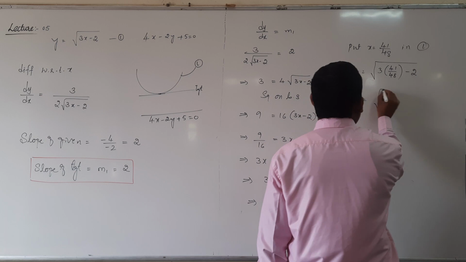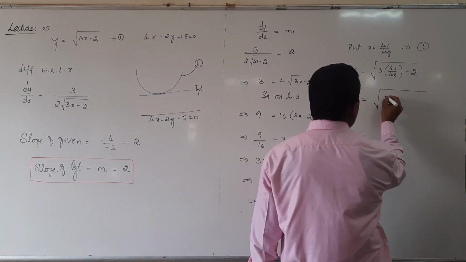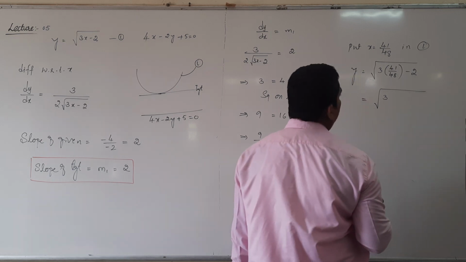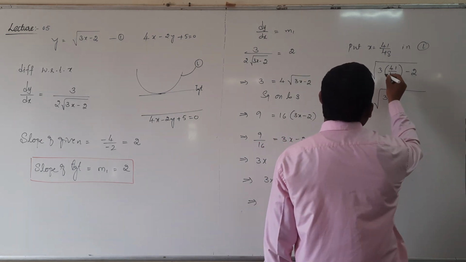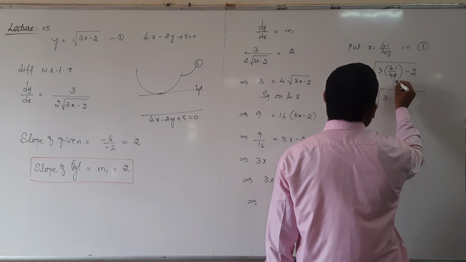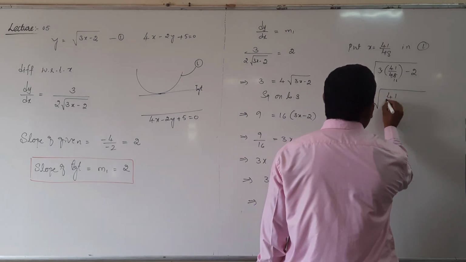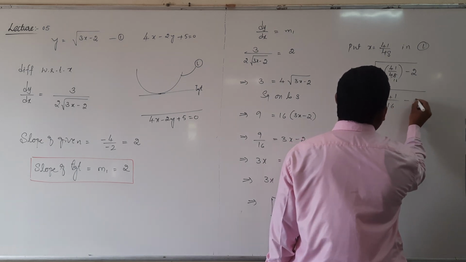Now the usual simplification: 3 ones are 3, 16s, so it will be 41 divided by 16 minus 2.